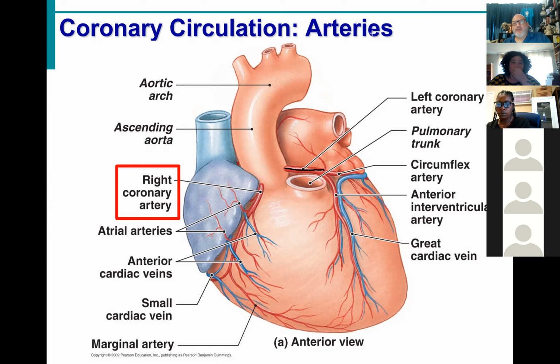One branch of this goes down into this indentation between the ventricles of the heart. What do we call the indentation that is there on the anterior surface of the heart between the two ventricles?